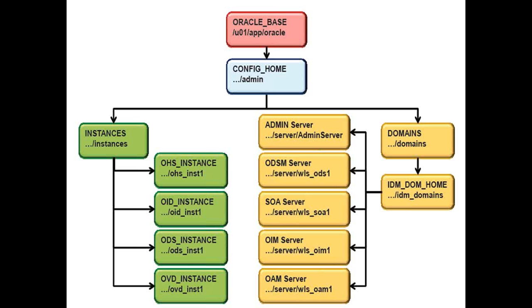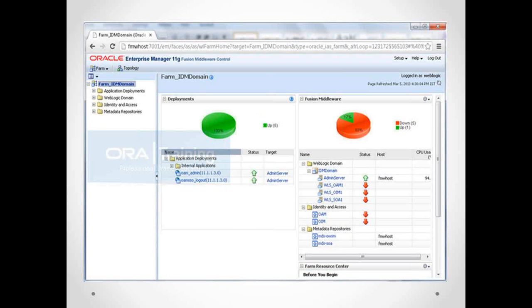Like if you don't choose ODSM, the WLS ODSM server would not be there. In this case we are doing OIM, so it would be there in the admin server console. Later on we will see the admin console, the WebLogic console, the EM console, and all the other consoles that are there.